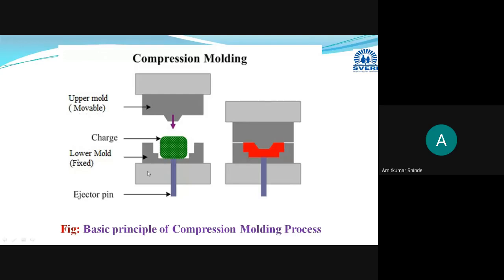The lower part of the mold is fixed, and the upper part of the mold is movable. In the lower part of the mold, whichever raw material is there, you have to pour it, and with the help of the upper mold, which is movable, you are going to apply the pressure.